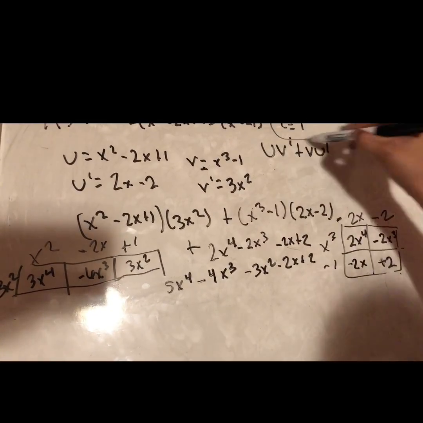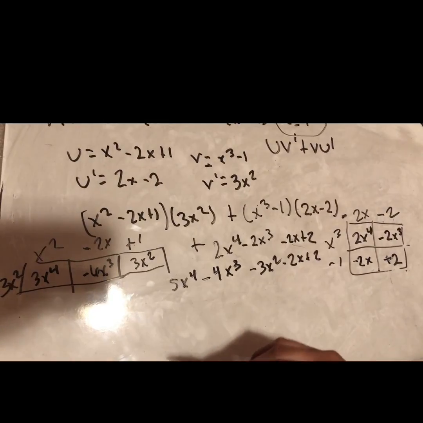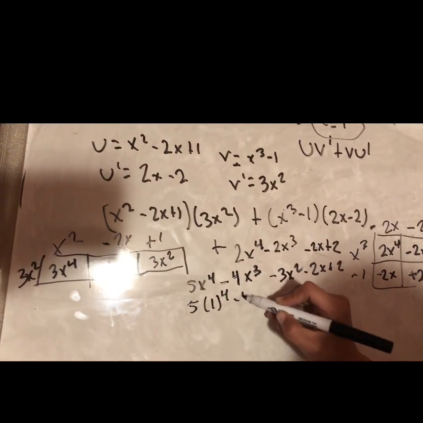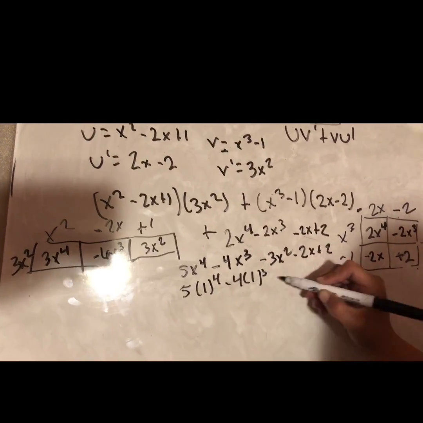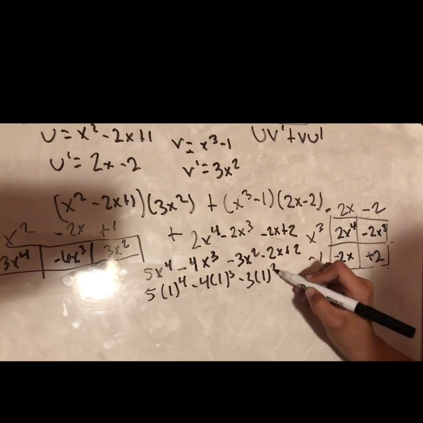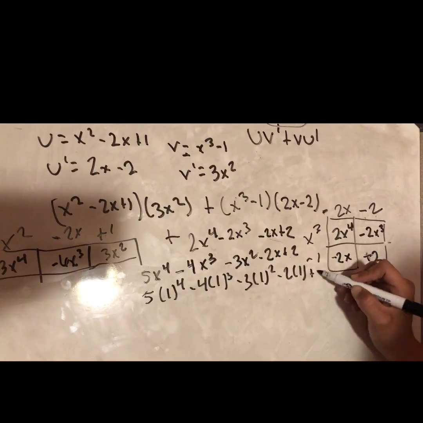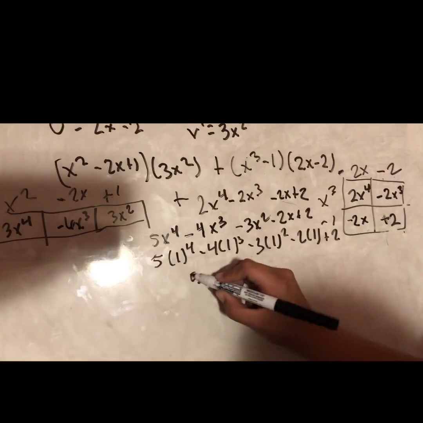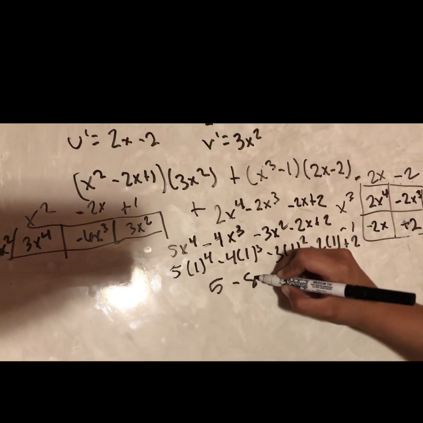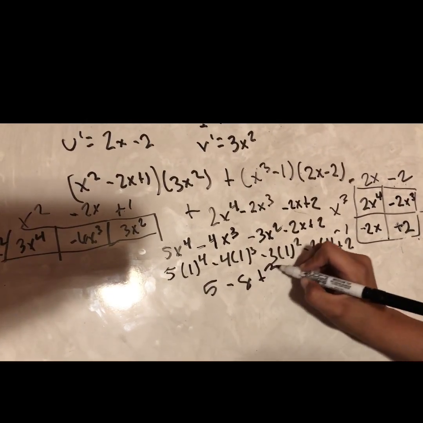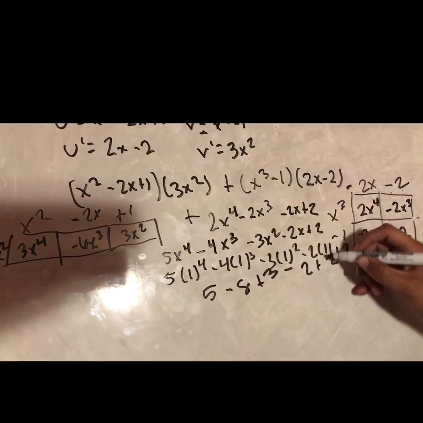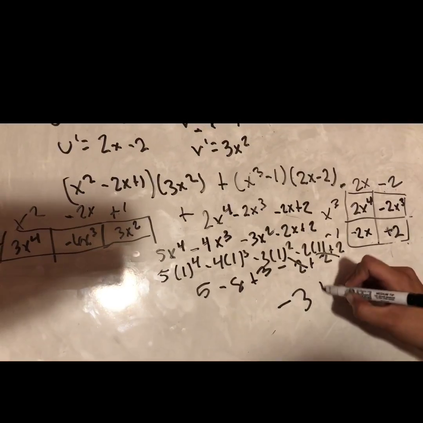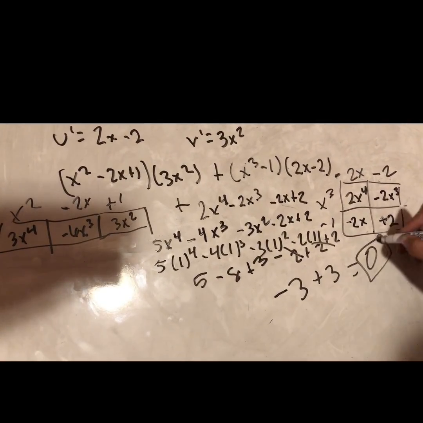So now we're going to go to our top, and since our c is 1, it's going to be 5 times 1 to the 4th minus 8 times 1 cubed plus 3 times 1 squared minus 2 times 1 plus 2. So we're going to get 5 minus 8 plus 3 minus 2 plus 2, and we could take these out, and negative 3 plus 3 equals 0, and 0 is your answer.